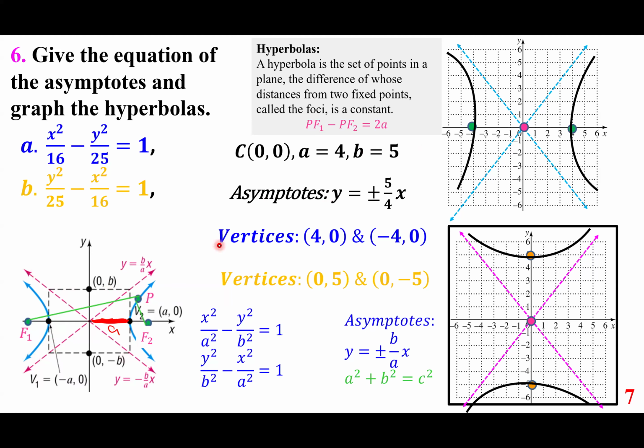If you draw the diagonals, they would be the asymptotes. Now, of course, this may not be to scale, but the idea is as follows. This is the fundamental rectangle, which is the same for the bottom one.